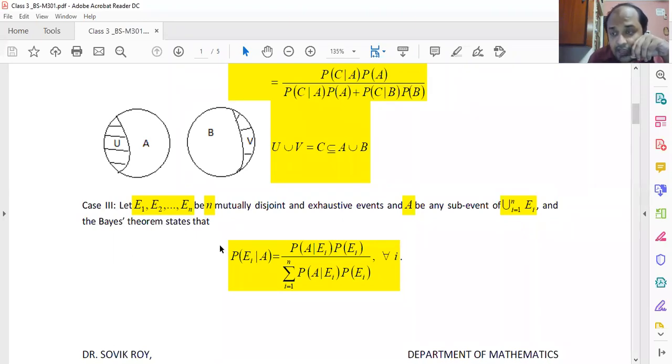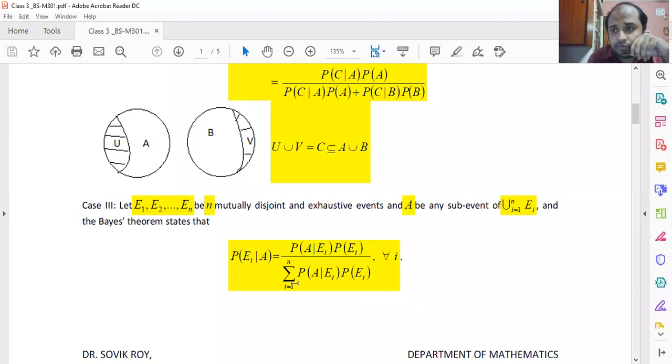Then the conditional probability of event Ei, given that sub-event A has happened, can be written as follows. In the numerator I have written just the opposite: probability of the event A given that the event Ei has happened, times probability of Ei. In the denominator I have written the same expression preceded by a summation sign, where I goes from 1 up to n. That means you are considering probability of A given E1 times probability of E1, plus probability of A given E2 times probability of E2, plus dot dot dot, probability of A given En times probability of En.